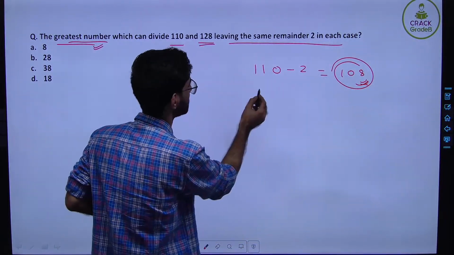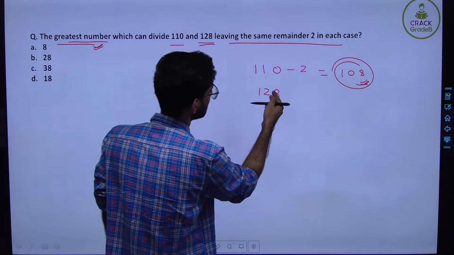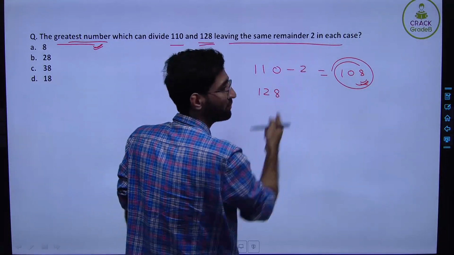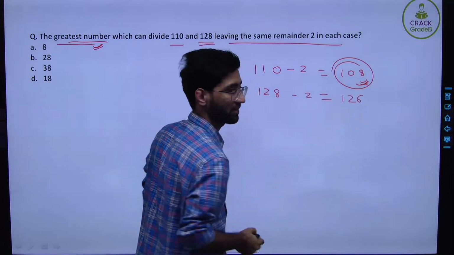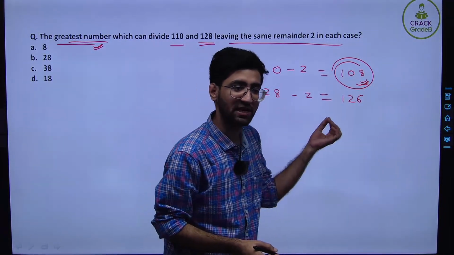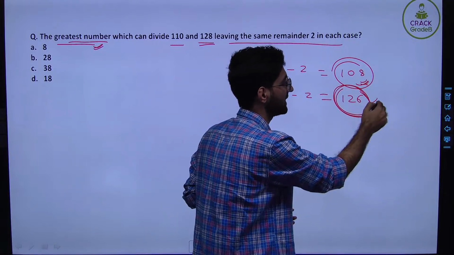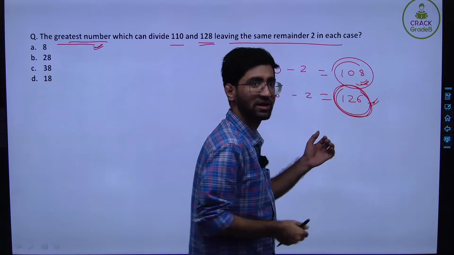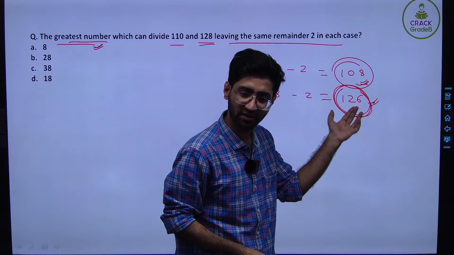So another number is 128. If this greatest number is dividing this number and leaving remainder 2, why not subtract 2 from this number? If we have subtracted 2, the number is now 126, which means that greatest number can divide this number completely.